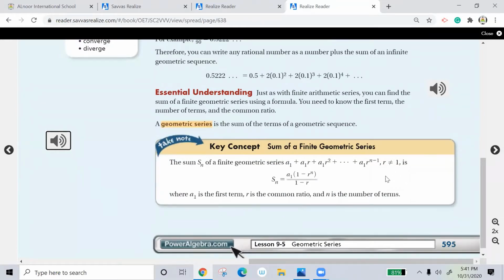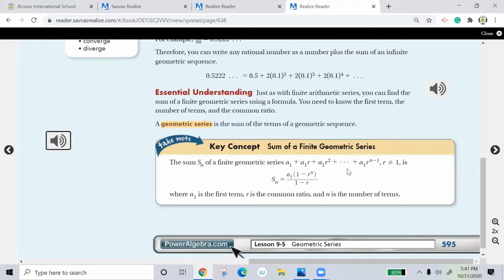So, key concept: the sum S sub n of a finite geometric series, A sub 1 plus A sub 1 times R plus A sub 1 times R squared plus and so on up to A sub 1 times R raised to n minus 1, wherein R is not equal to 1.